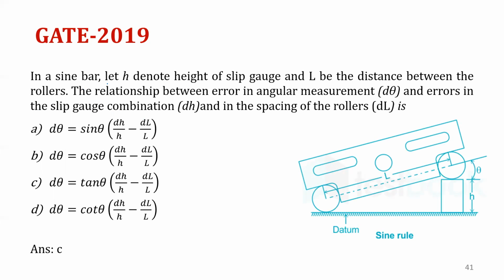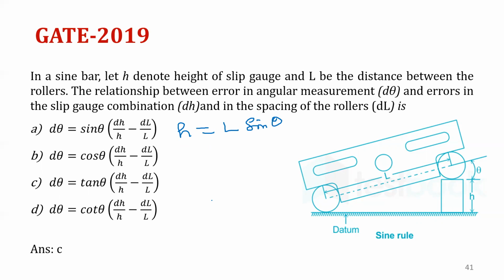In a sine bar, let h denote the height of the slip gauge and L be the distance between the rollers. The relationship between the error in angle theta and the errors in the slip gauge combination and the spacing of rollers dl is given by: as you know, h is equal to L into sine theta.